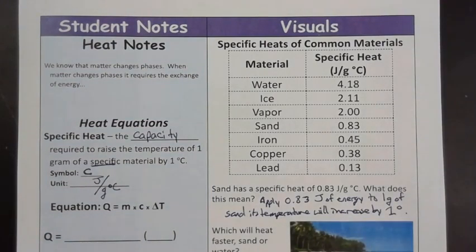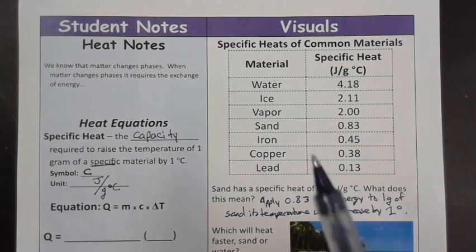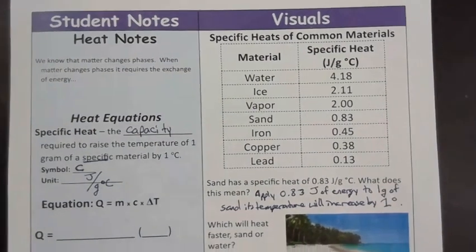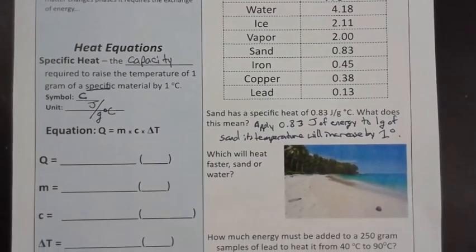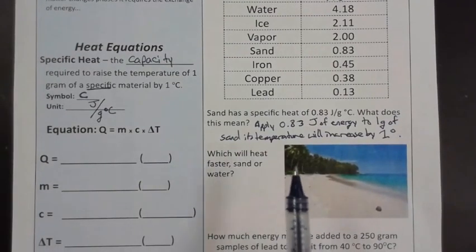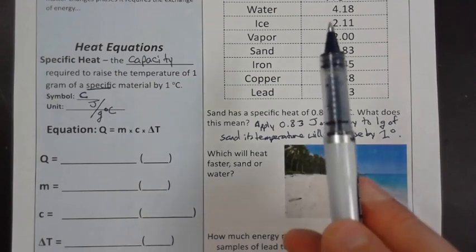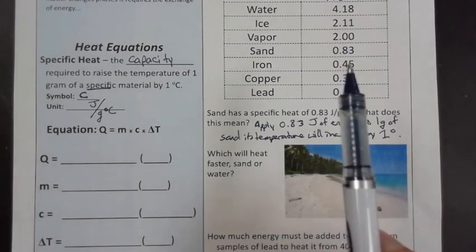Now that could be applying 0.83 joules to room temperature sand, and it goes from 20 degrees Celsius to 21 degrees Celsius. Or I could apply another 0.83 joules of energy and cause warmer sand at 30 degrees Celsius to increase to 31 degrees Celsius. It's the same amount of energy for each degree change for the size of the system that we're trying to change.